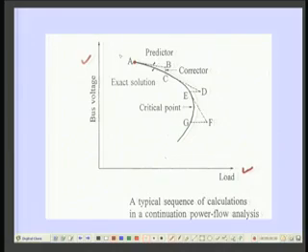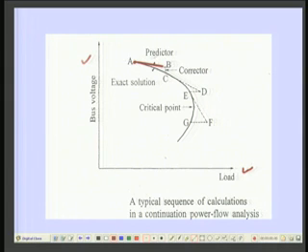Suppose we are operating at this initial operating condition A. The first step is to find a tangent vector at this operating condition. For example, this is the tangent vector.